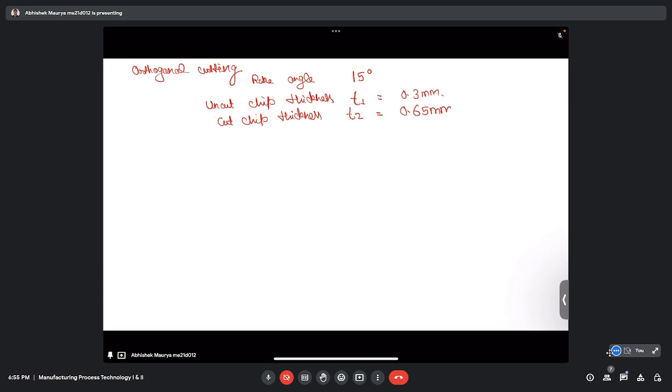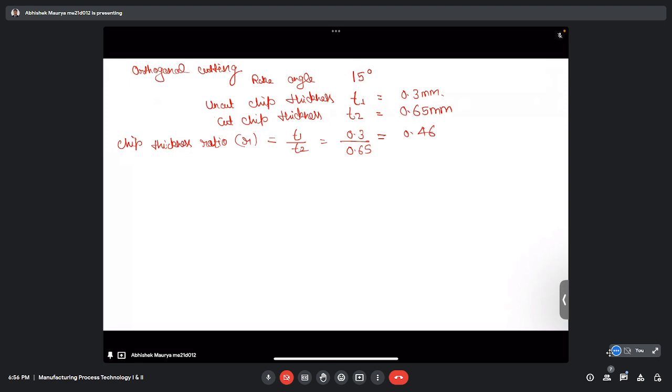There is a ratio defined as the chip thickness ratio, R. It is defined by T1 by T2, which is 0.3 by 0.65, and if you solve it, you will get 0.46.